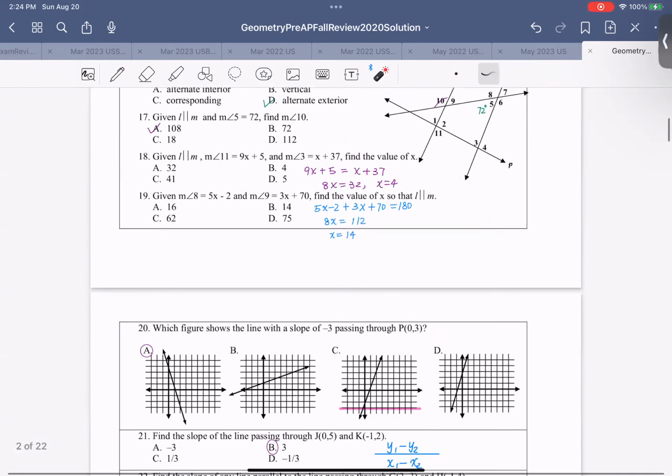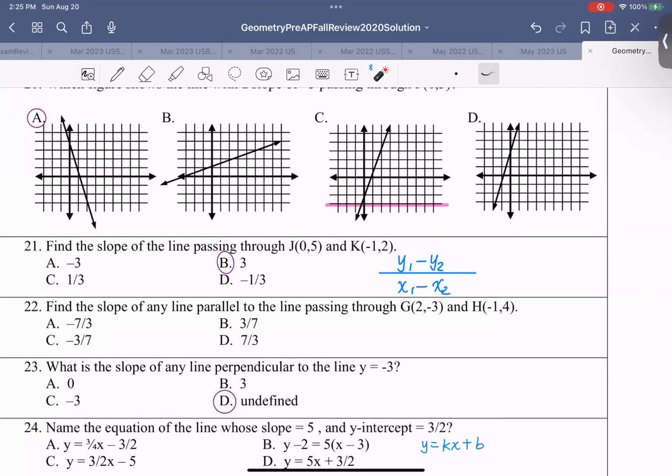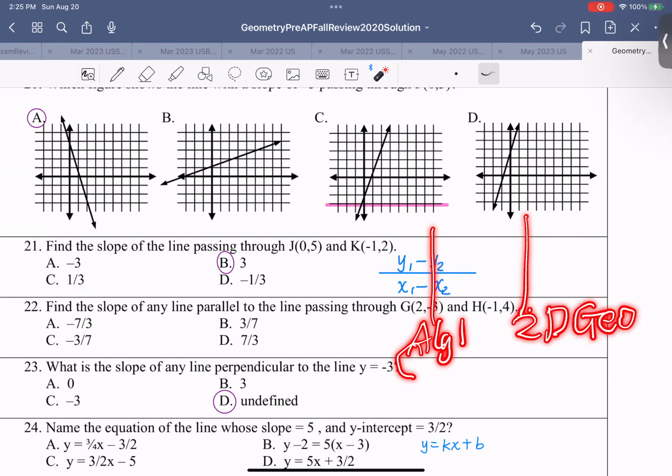Now let's look at this. This is something where you might say, oh, you repeat the algebra 1. Well, actually, algebra 1 and geometry shouldn't be separated. They should be learned in parallel at the same time. If you ask your parents, in China, we learn algebra 1 and 2D geometry in the same year, exactly the same time.